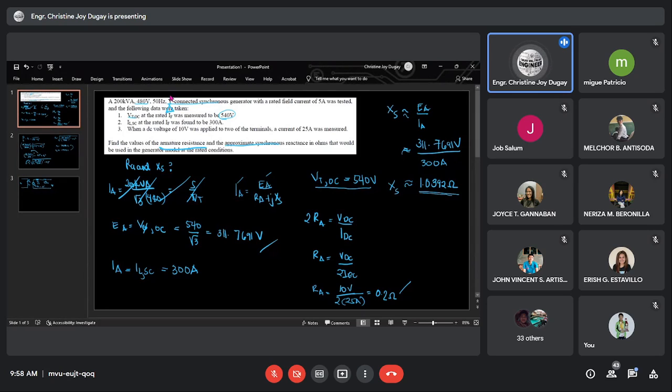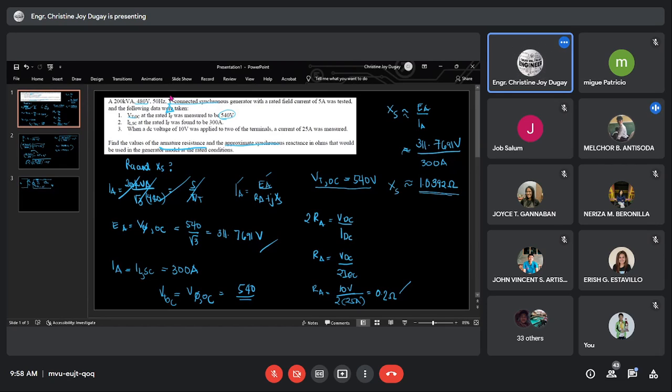So, kung kukunin natin si V phase natin, since connected siya as delta, ibig sabihin, equal na yung value ni V terminal natin sa OC at saka V phase natin sa open circuit. Tama? Magiging 540 na lang siya. Tsaka si line current natin is magbabago naman siya.